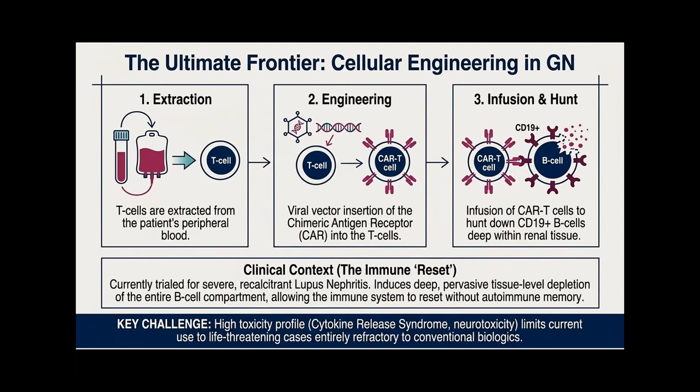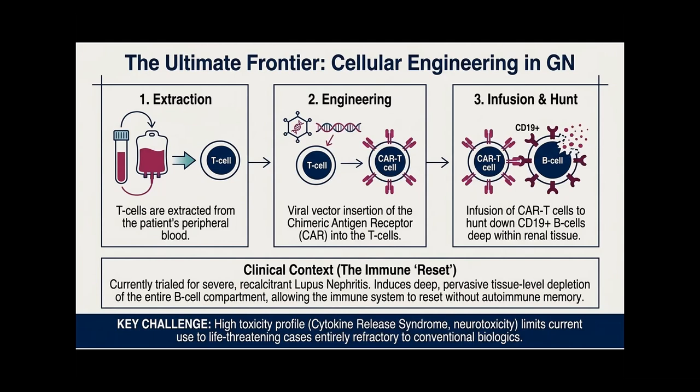They will hunt the CD19 B cells deep in the renal tissue. This is called cellular engineering in glomerulonephritis. Key challenge, high toxicity profile, cytokine release syndrome, neurotoxicity, limits use to life-threatening cases entirely refractory to conventional biologics.